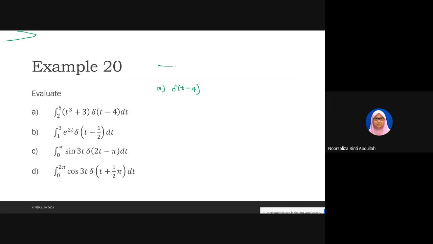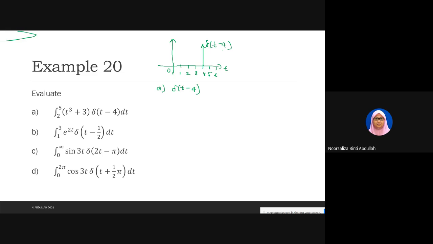Kalau you tengok dekat sini, titik ni, T, 0, 1, 2, 3, 4, 5, 6. So, where does your delta occur? 4. It will be here. Kan?